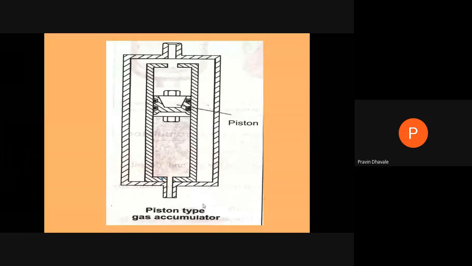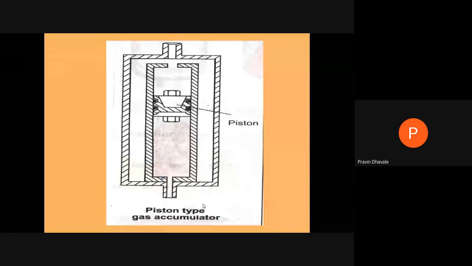Now what are the advantages of this piston type gas charge accumulator? It can handle fluid which has high temperature as well as low temperature, because in the case of a bladder or diaphragm type accumulator, this bladder or diaphragm is a kind of elastic separator, and mostly they are made from rubber, and rubber cannot withstand high temperature fluid.